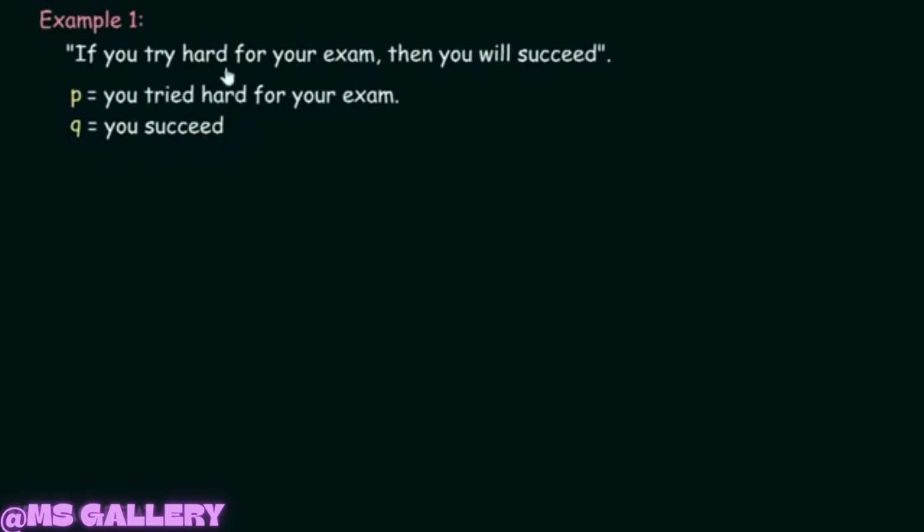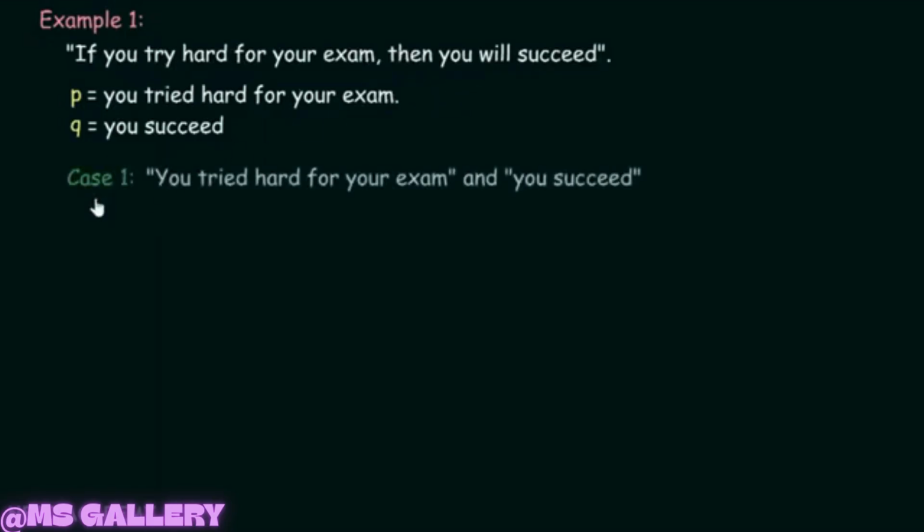Okay, in order to understand this particular conditional statement in better detail, we will consider 4 different cases related to this statement. Now let's consider our first case. You tried hard for your exam and you succeed. Suppose you tried hard for your exam and finally you succeed as well.